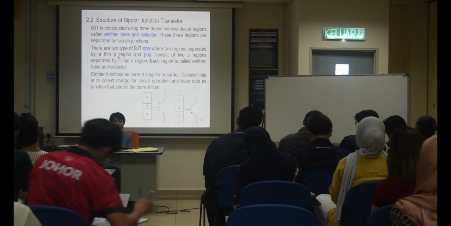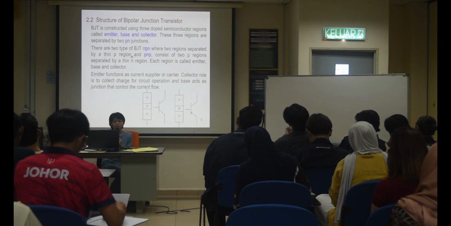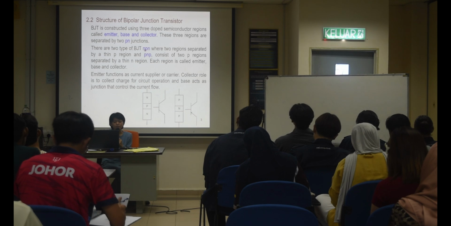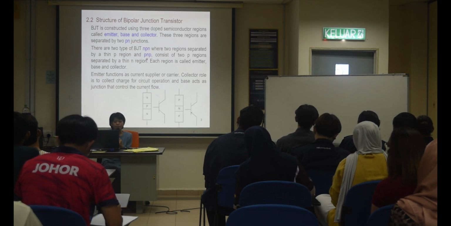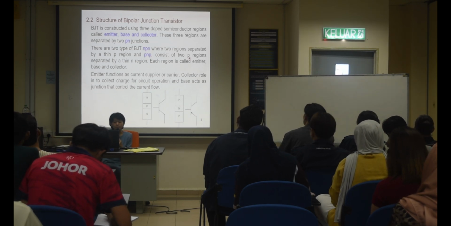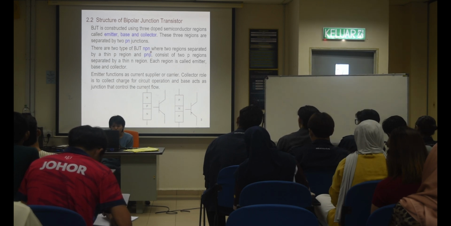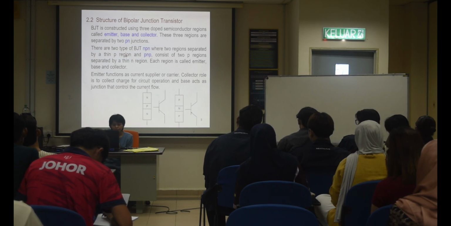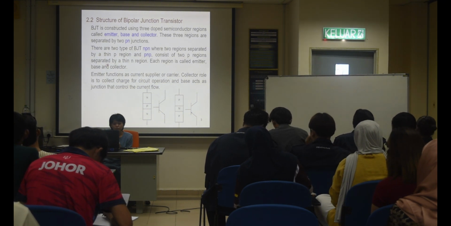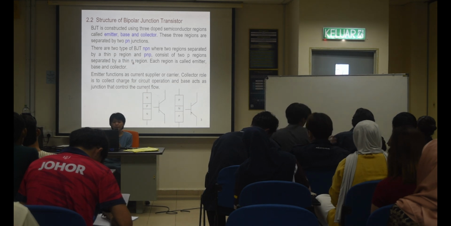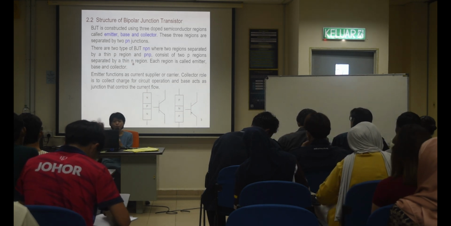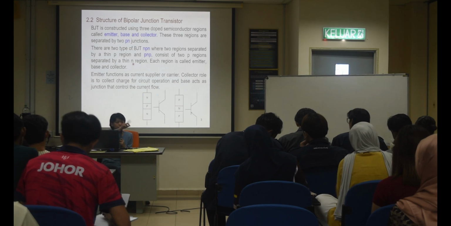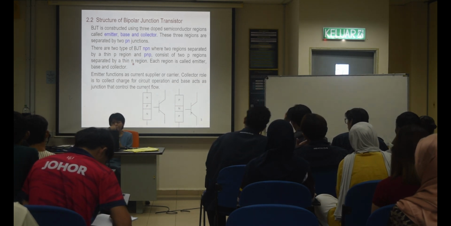NPN has two N regions separated by a thin P. And PNP consists of two P regions separated by an N. Like this, two females separated by one male, and two males separated by one female.